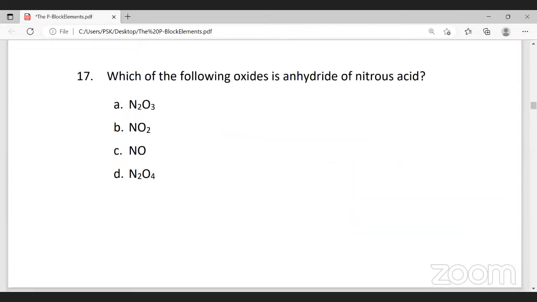The next one, which of the following oxide is anhydride of nitrous acid? Nitrous acid formula is HNO2. We can write this as H2N2O4. The 2 hydrogen will react with one of the oxygen atoms and get eliminated as water.